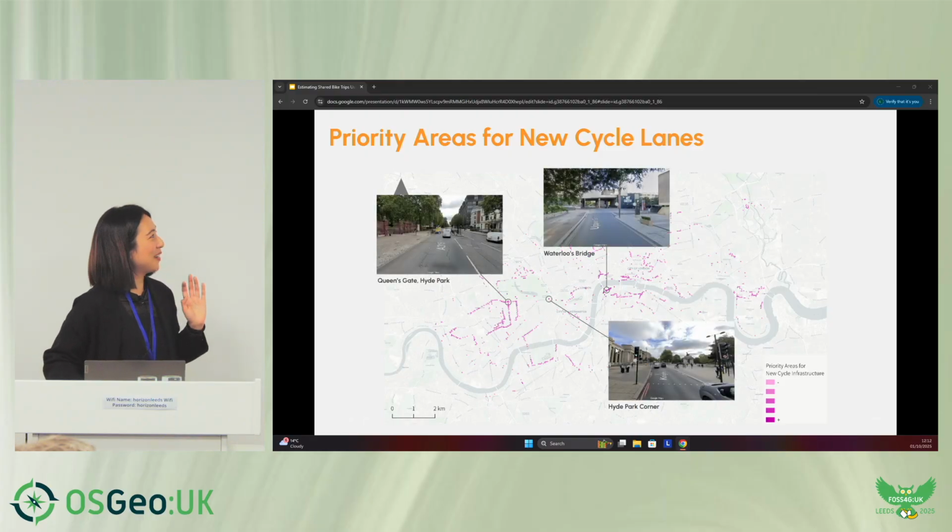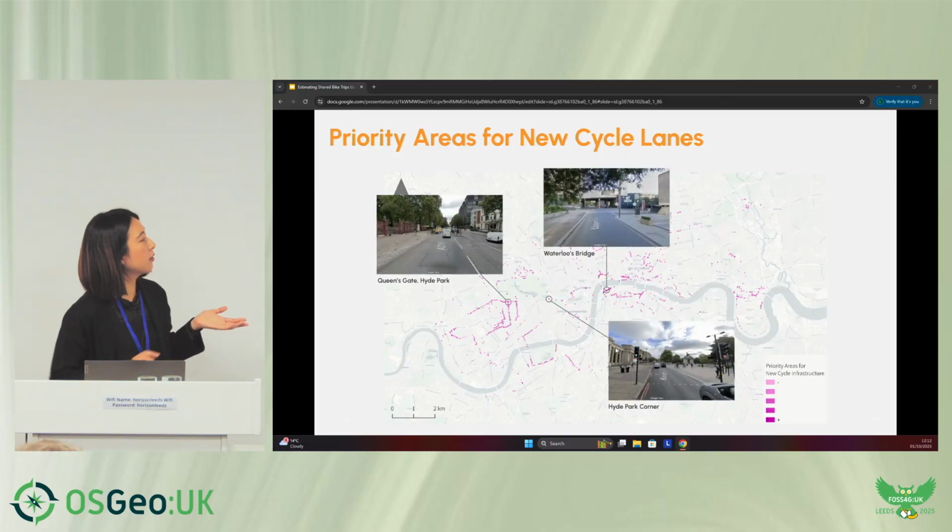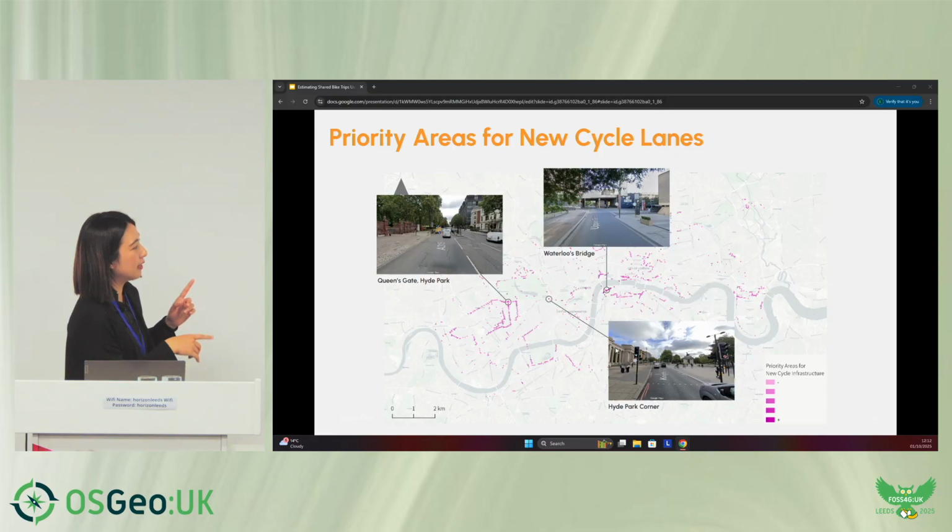And I really wanted to know, is this result trustworthy? So I went to Google Street View to see what it looks like in reality, and I found that I cycle in London a lot and I did pass through these three locations several times.